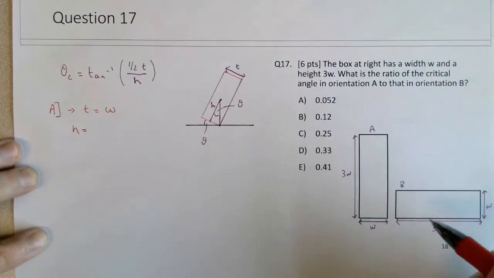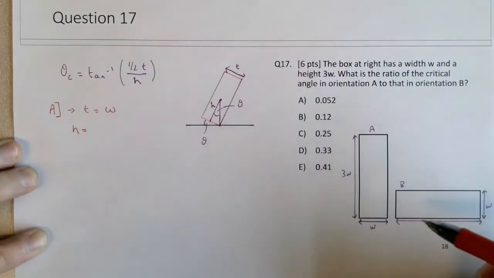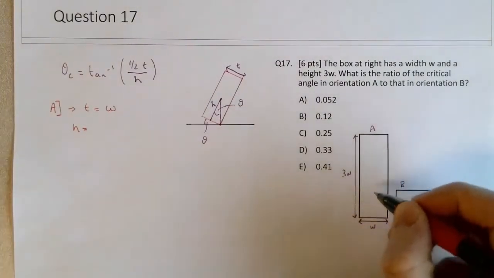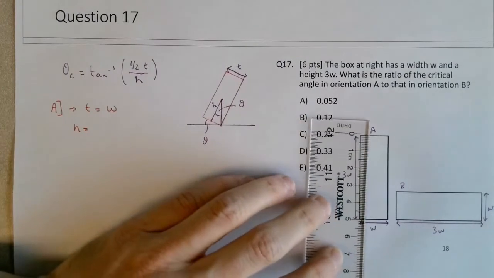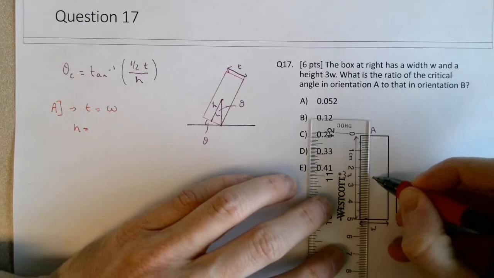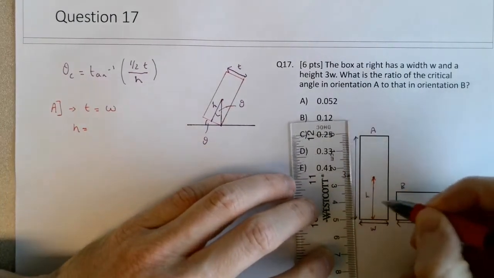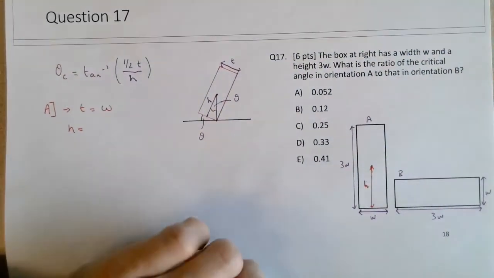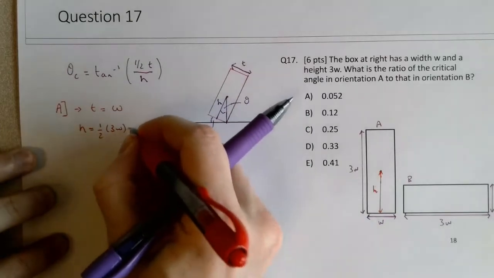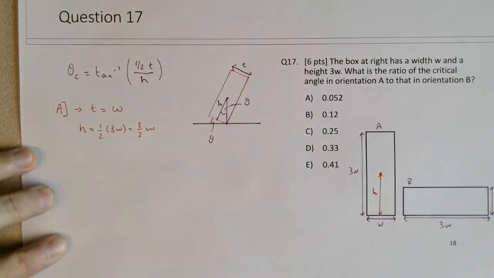And maybe I should update the question to say that the boxes have their mass uniformly distributed, and the center of gravity will be located here in the center. So this is our H, which is half the height. So half of 3W is 3/2 of W, or 1.5 W.